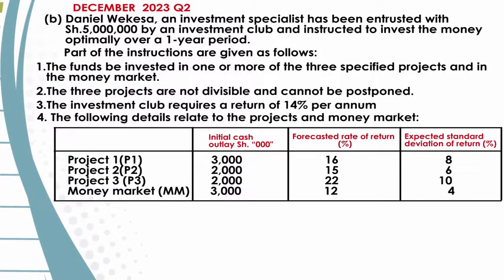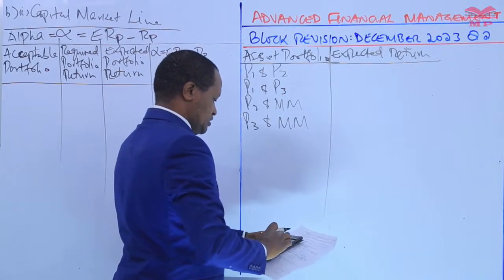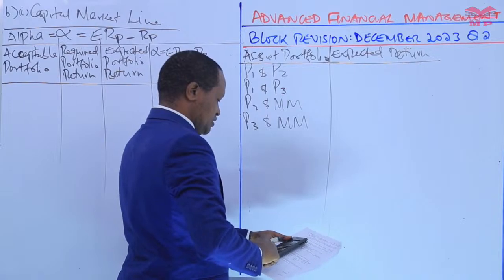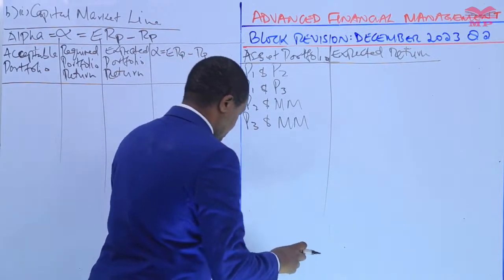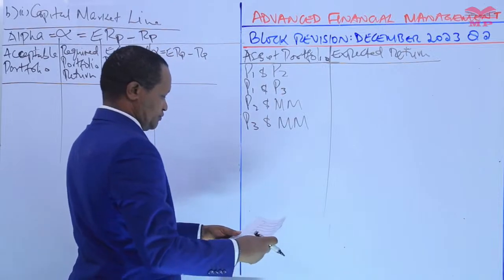So we are going to calculate the weight of each project. Here we have 3 over 5. Let me put it in decimals. 3 divided by 5 as a decimal is 0.6.